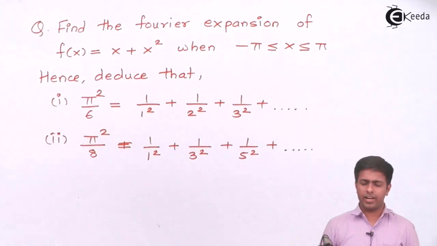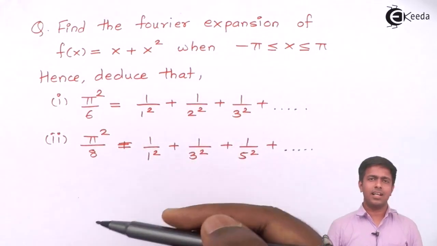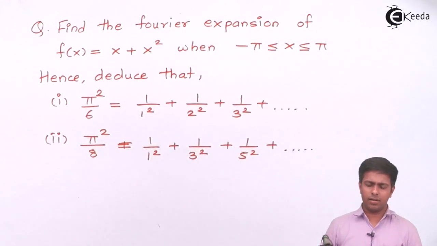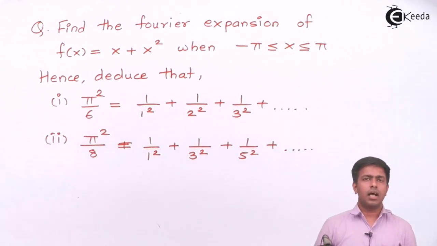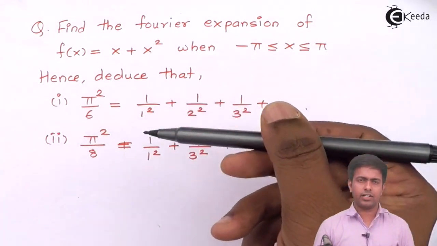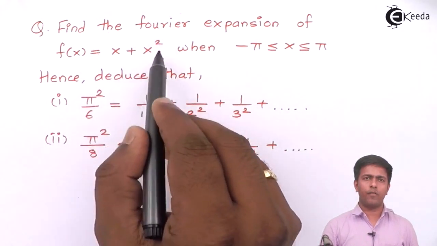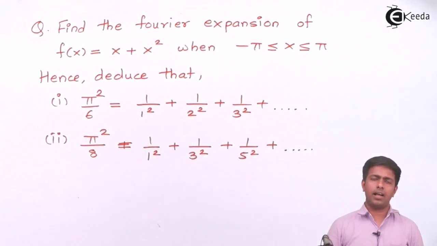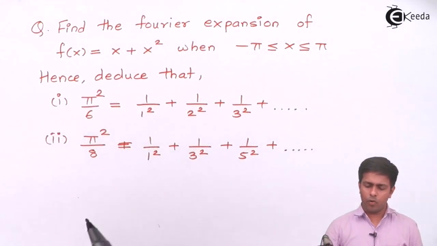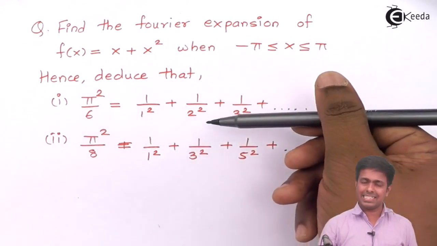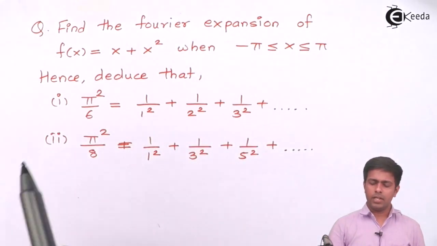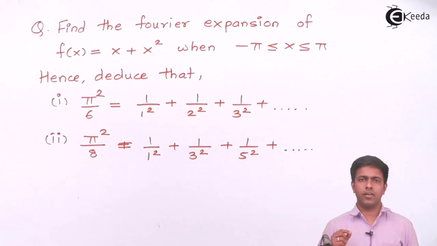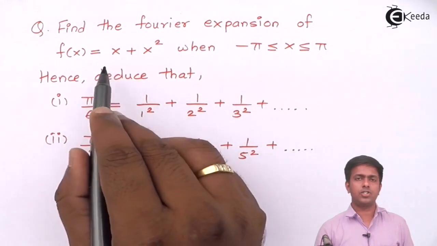But let me tell you, my friends, you will not get the deduction. As we have solved this sum many times, we know that we will not get the deduction if we consider this whole function as it is. So if we want to get these deductions from this Fourier series, then the way is we have to separate these two functions.